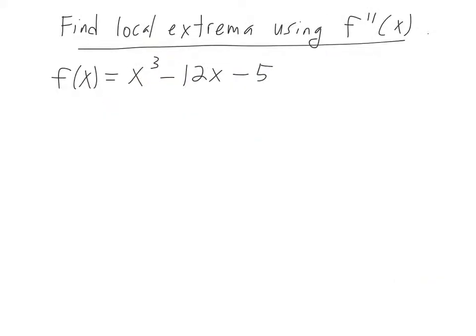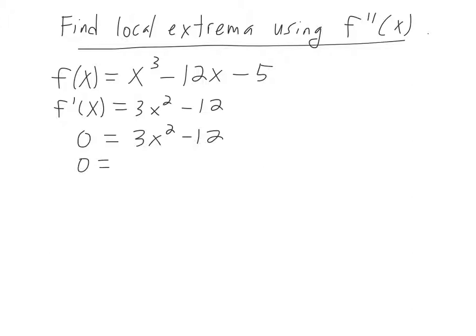Okay, so we're looking to find local extrema using the second derivative. We're told specifically we have to find these values using the second derivative. Well, we still need to find the first derivative, so 3x squared minus 12. And you're still going to set this first derivative equal to 0 and solve.